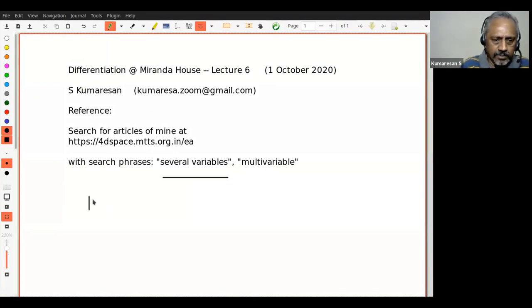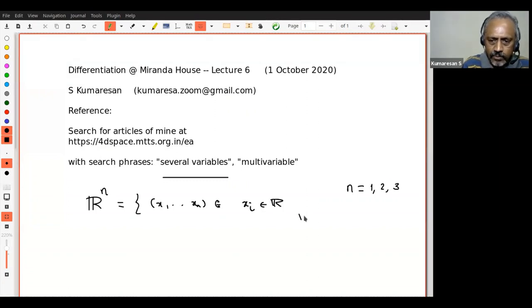So I'm going to work today with Rn, but whenever you want, you can assume n equal to 1, 2, or 3. And I hope all of you know what Rn is. It is the set of all ordered n-tuples x1 to xn, such that xi is in R for 1 less than or equal to i less than or equal to n.